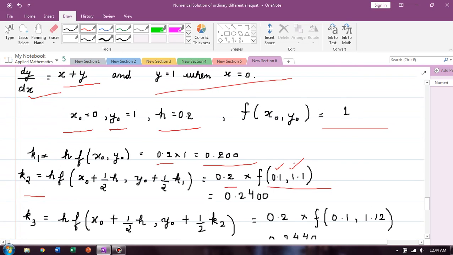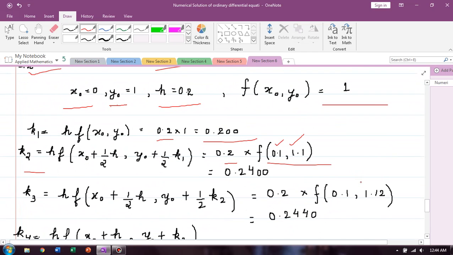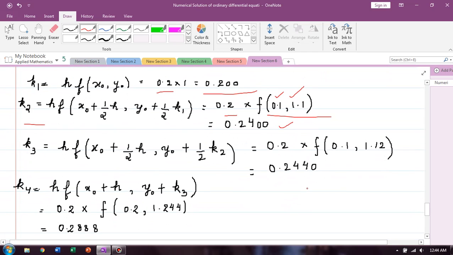Now 1.1 plus 0.1 is 1.2. 1.2 into 0.2 is 0.2400. Okay, so this is the value of k2.